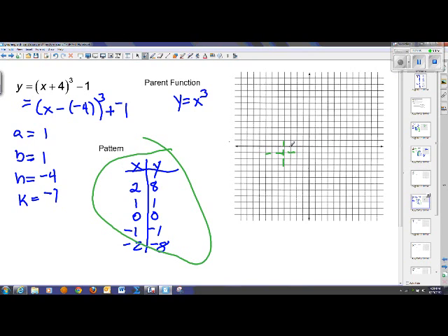Go over 1, up 1, over 2, up 2, 4, 6, 8, over 1, down 1, and back 2, and down 2, 4, 6, and 8. Connect the dots.